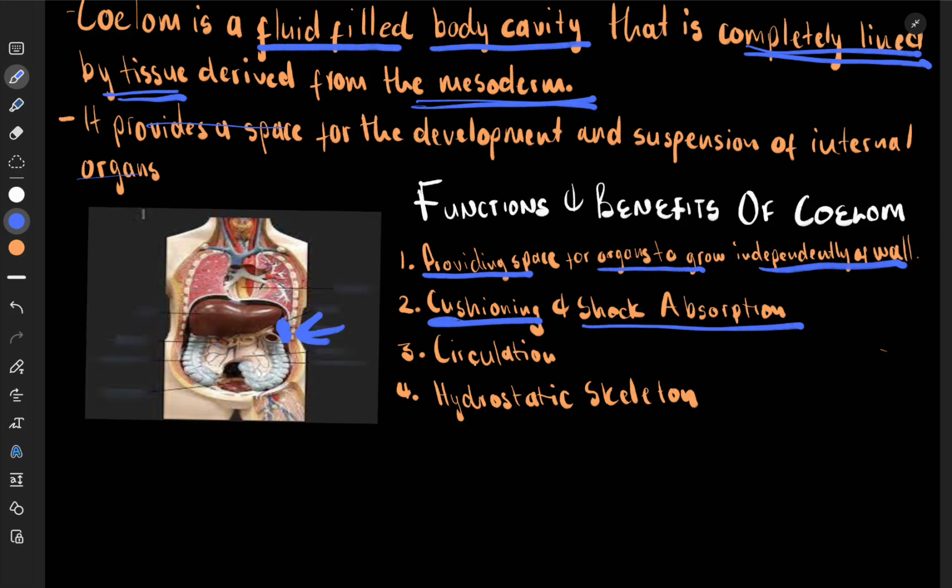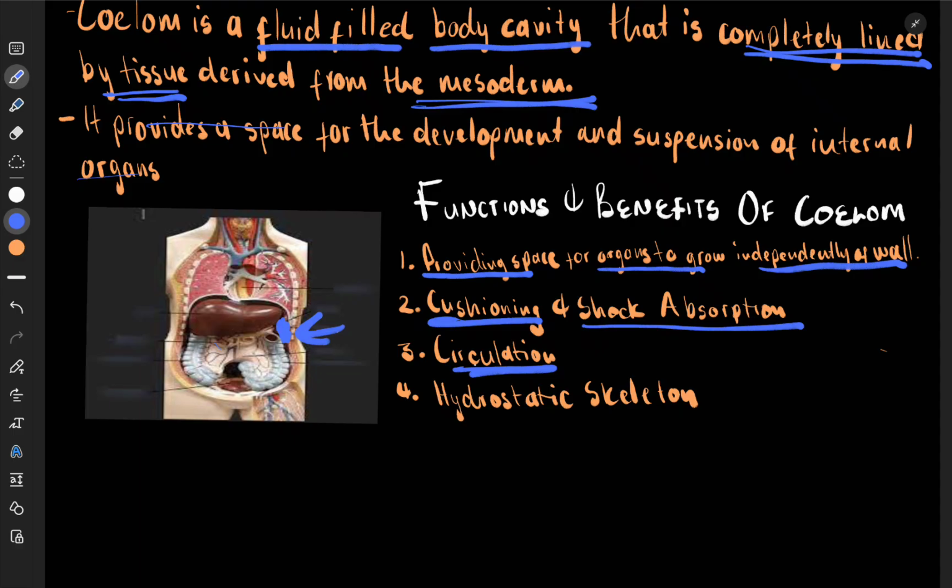All right. Now the third is circulation. When we say circulation, what we're saying is that this coelom, this cavity, in some animals, helps in distributing nutrients around the body, and also in the removal of waste.